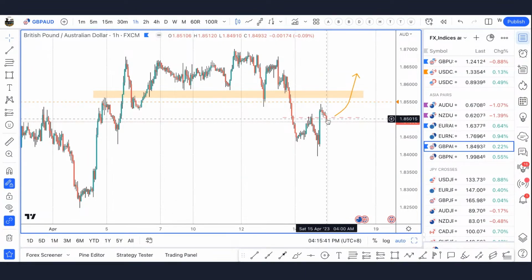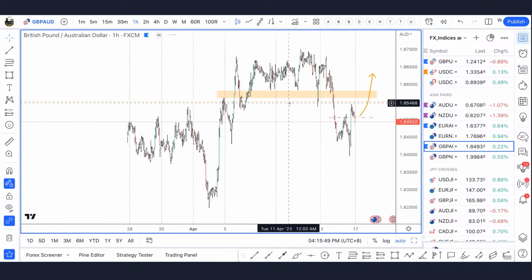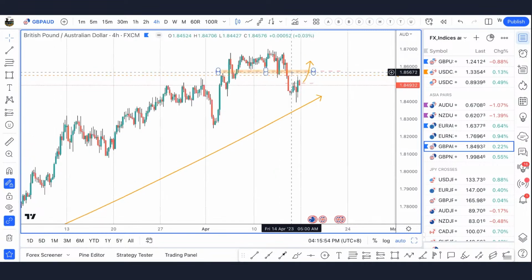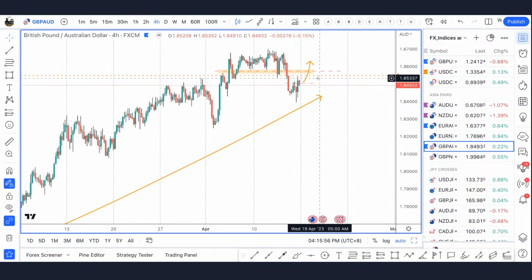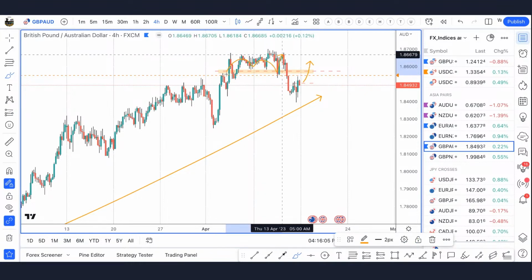And also if there is a correction, then of course you can look at the 1 hourly to short this pound Aussies, because on a higher time frame it does look like a correction in this manner.